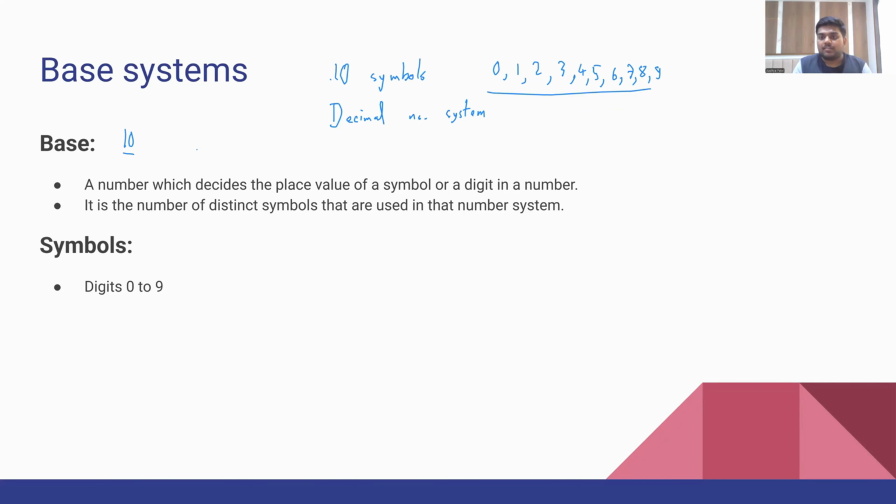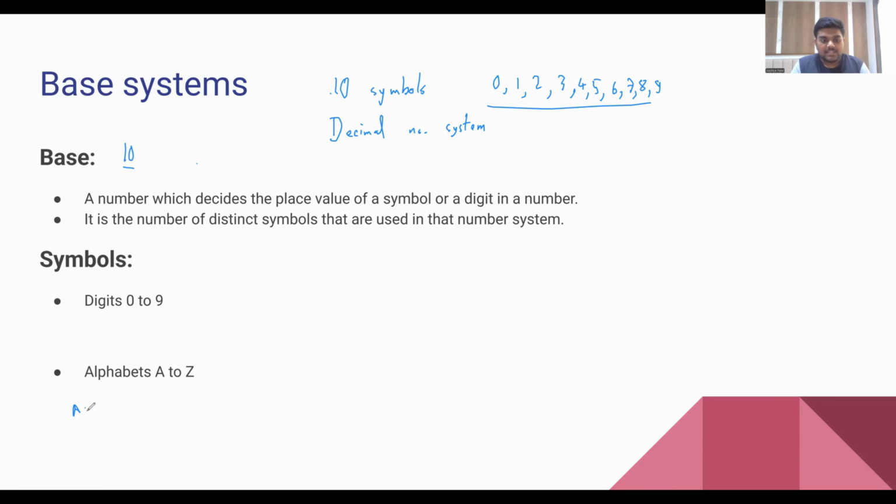The symbols used are digits 0 to 9, but alphabets A to Z are also used over here, wherein A is equal to 10, B is equal to 11, C is equal to 12, and it goes on up till Z is equal to 35.